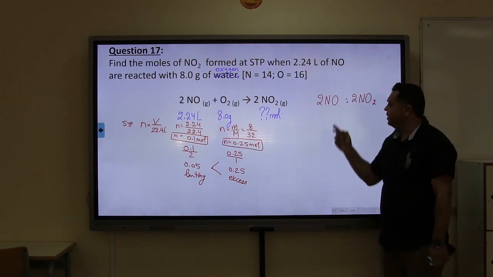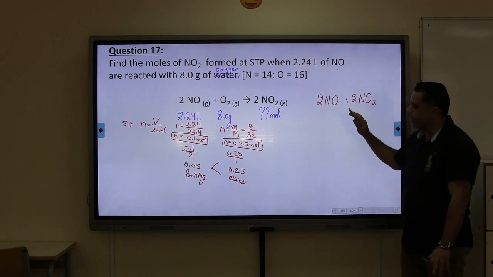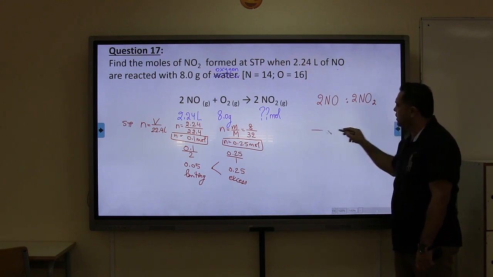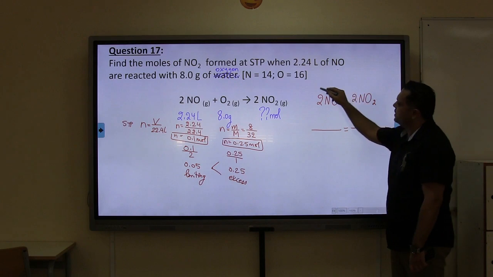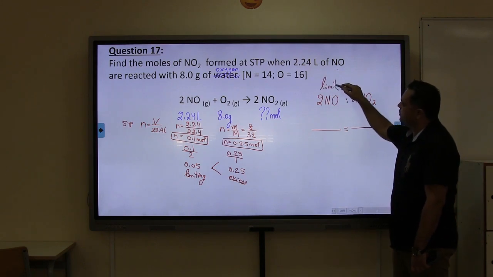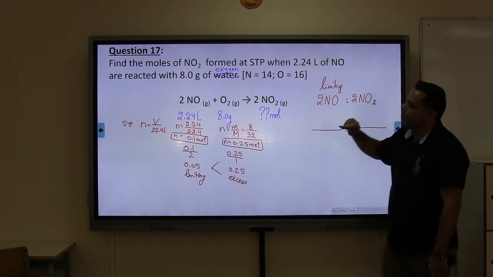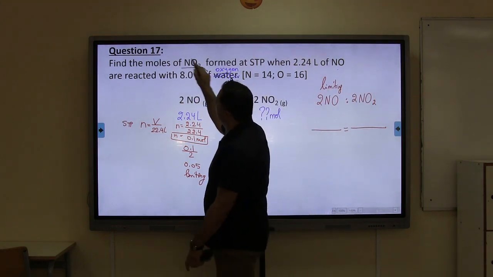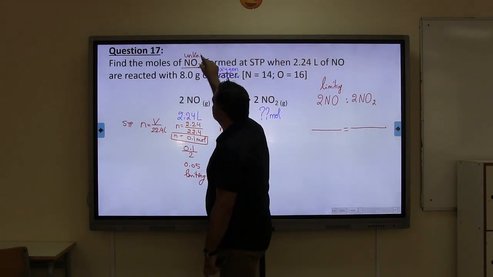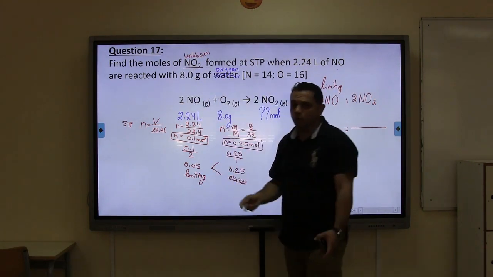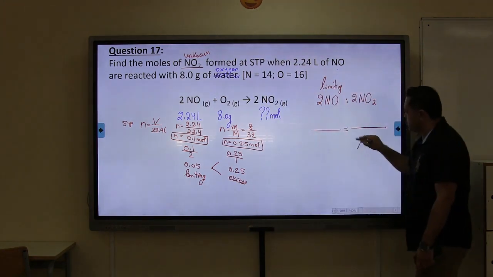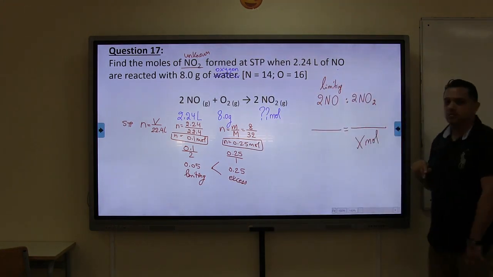And again, the same thing here, 2, 2. I can cancel the 2, it's fine. I can keep it also, it's fine. So I want the relation between the limiting with the moles of the NO2, which will be the unknown. So this will be X moles of NO2.